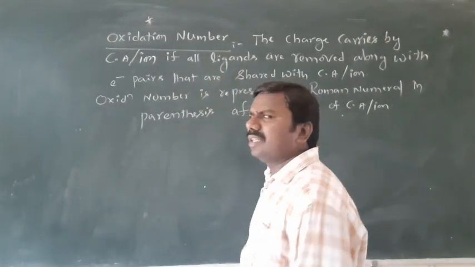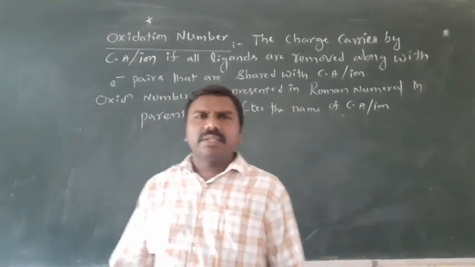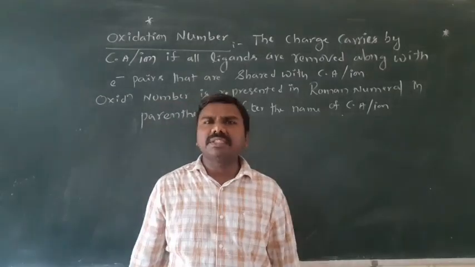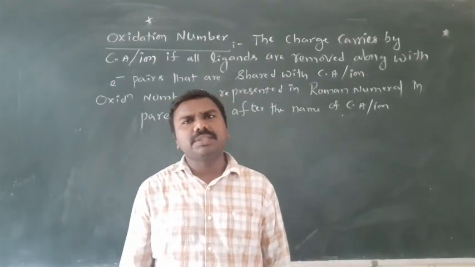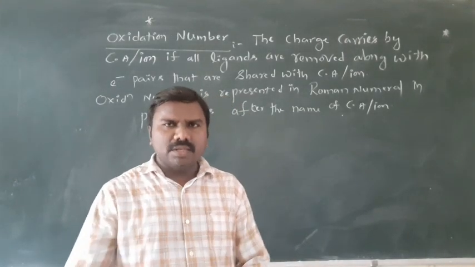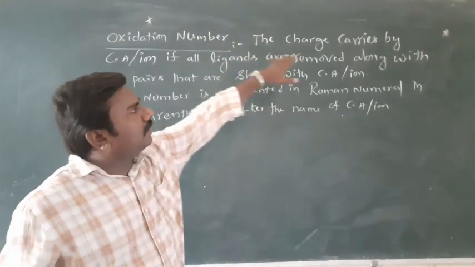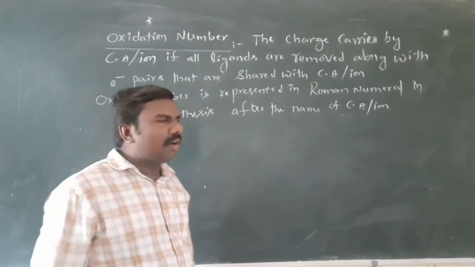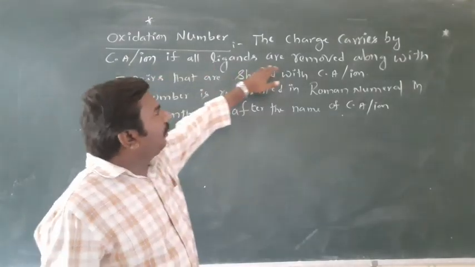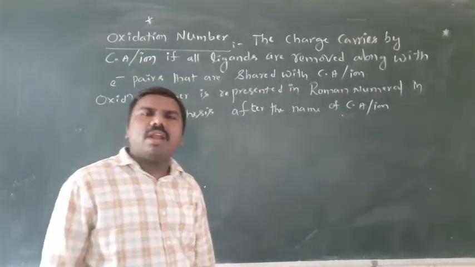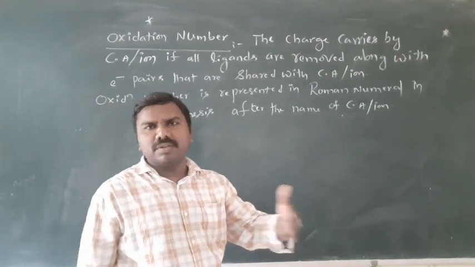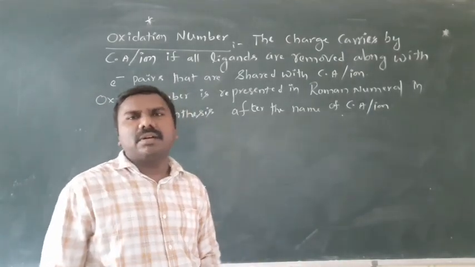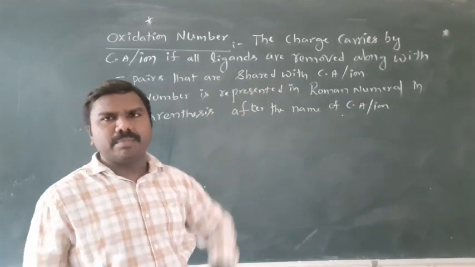Oxidation number means the charge present on a particular species. Here also, the charge carried by the central metal atom, which is nothing but a d-block element, if all the ligands are removed along with their shared pair of electrons, that is called oxidation number.